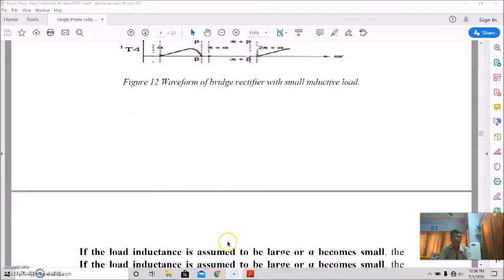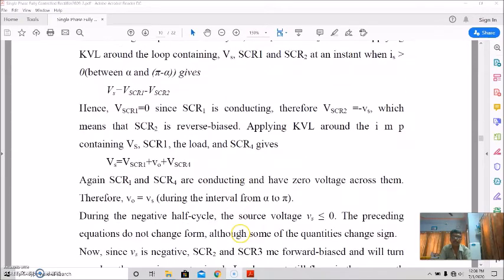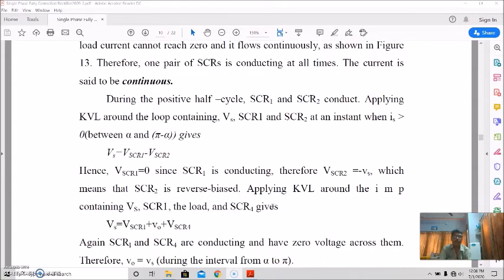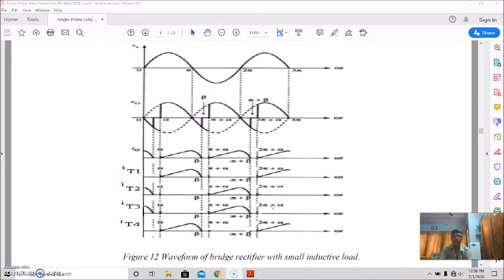That is written here. Okay, clear? Now SCR1 and SCR4 are conducting, so this voltage will be 0. So the output voltage will be the source voltage, V output equal to Vs, during the interval alpha to pi, that is given here.